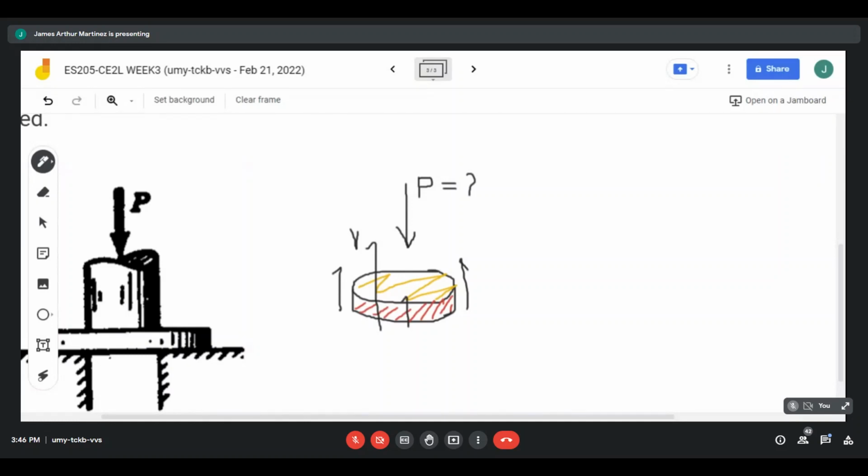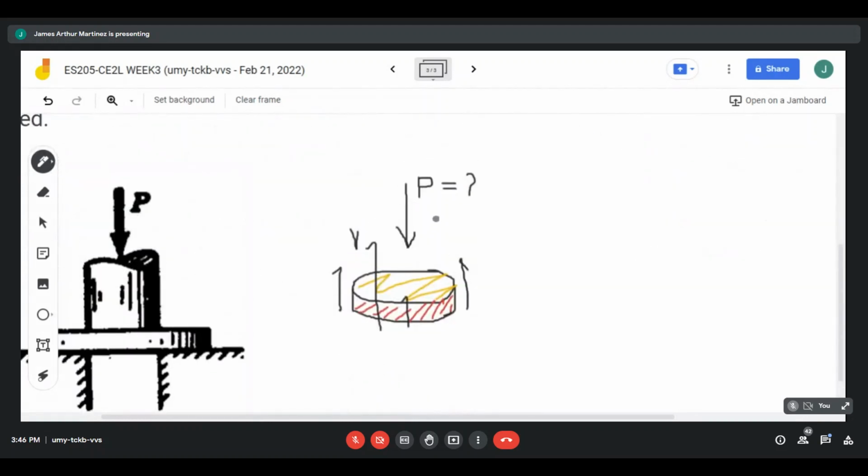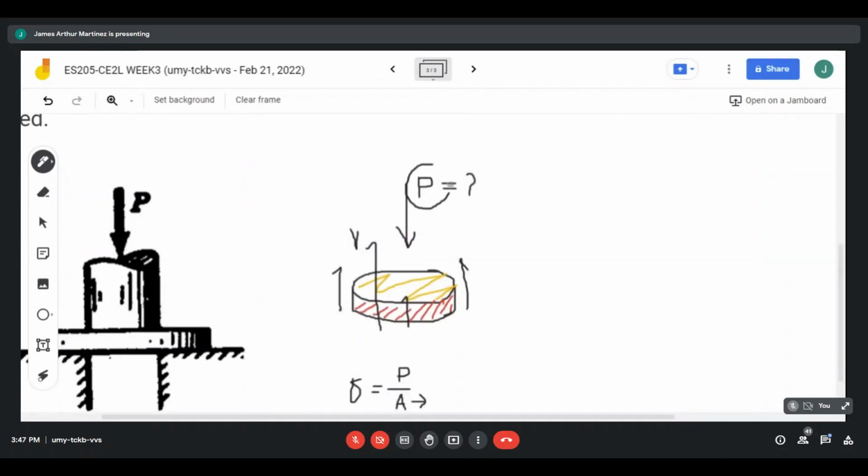That's why the compressive strength exists in our problem. To determine that, normal stress is just equal to P over A, where the area we consider is perpendicular to P.